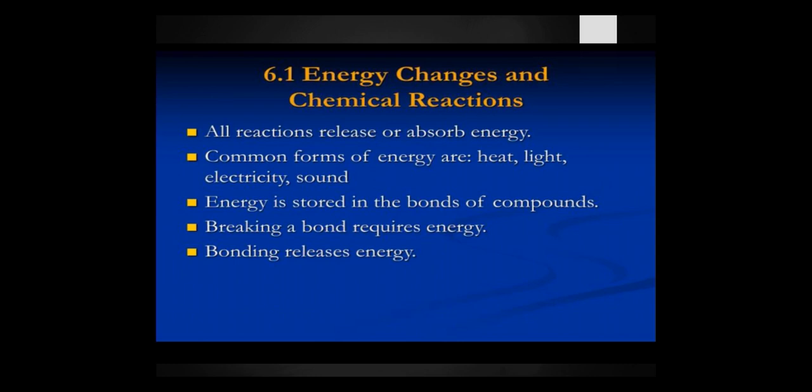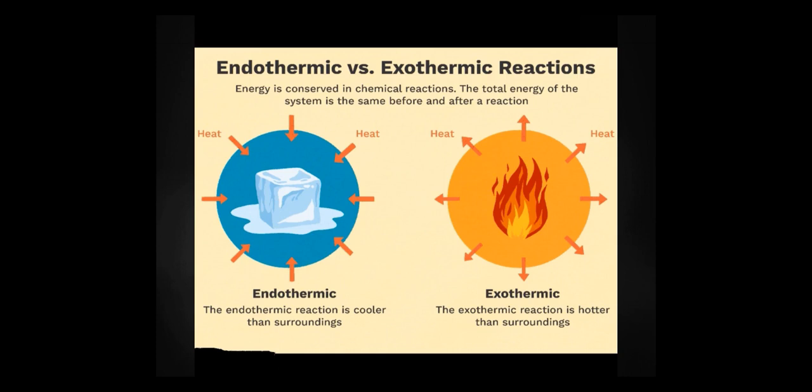Now, when these energy changes were studied, we concluded there are two types of energy changes, that is exothermic reactions and endothermic reactions. So here it is, endothermic and exothermic reaction.